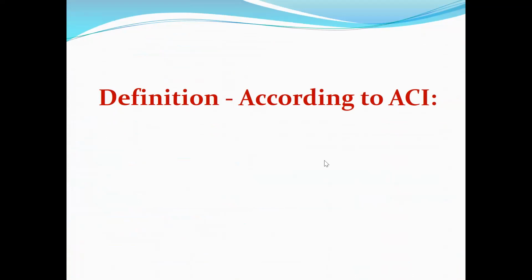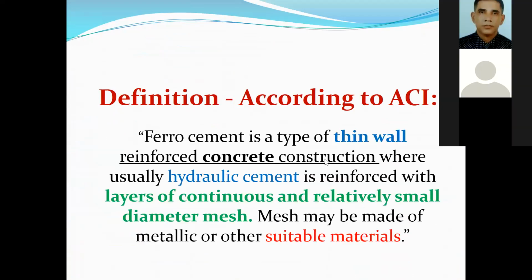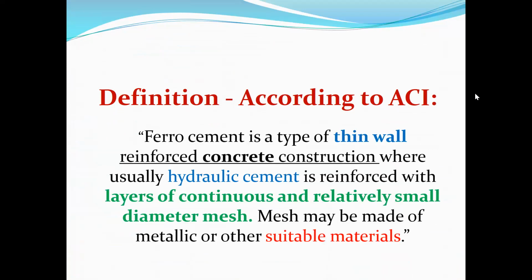According to ACI, the official definition of ferrocement is: ferrocement is a type of thin wall reinforced concrete construction where usually hydraulic cement, the normal cement that we use, is reinforced with layers of continuous and relatively small diameter mesh. This mesh may be made of metallic or other suitable materials. Normally it is metallic, but in some instances, other suitable materials are used.